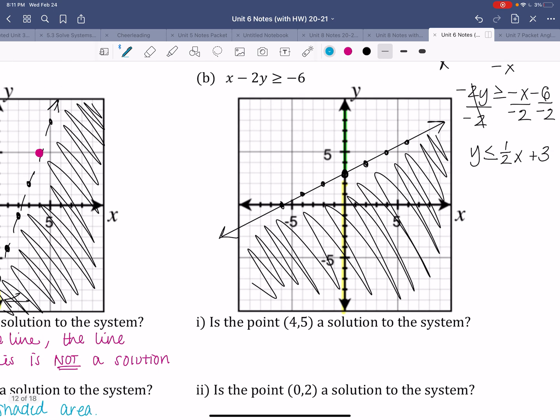Now if we look at B, the first point I'm asking about is 4, 5. So here's this point. Again, we're on the line. So we'll say 4, 5 is on the line. Here though, the line is solid.